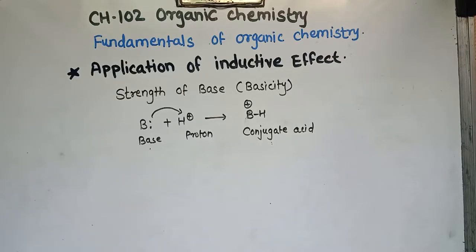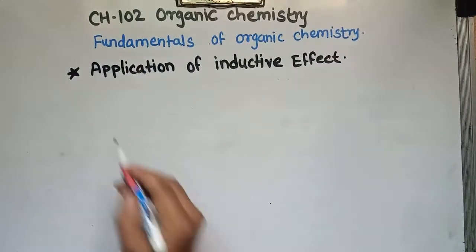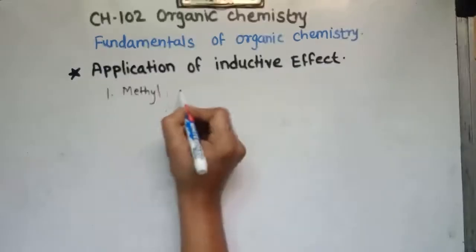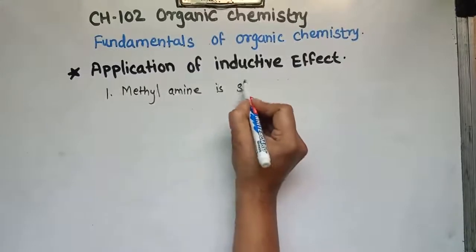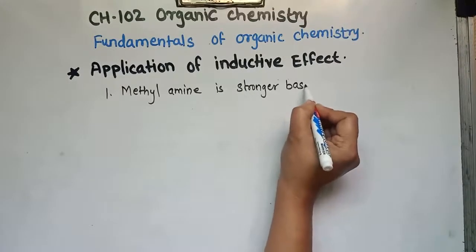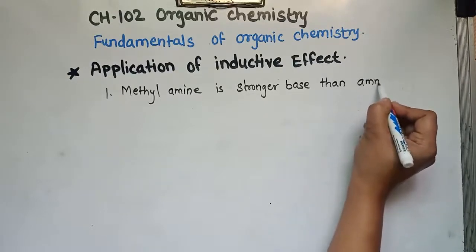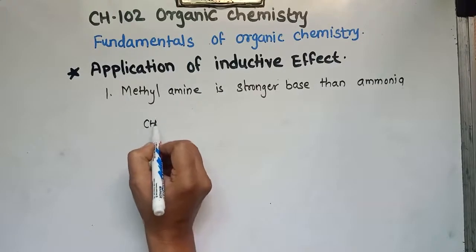We see the application. There are two applications of the inductive effect according to the basicity. The first application is: methylamine is a stronger base than ammonia. So first we draw the structure.